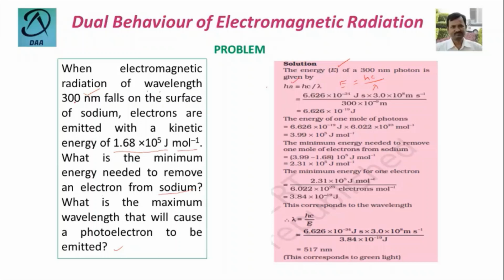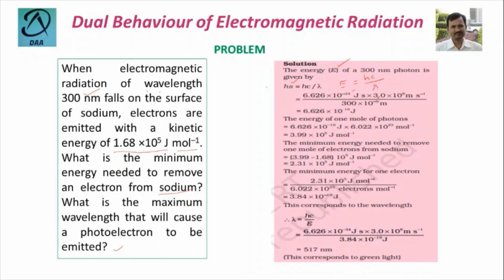In this case, the wavelength is 300 nanometer. So if you put the value for the Planck constant, 6.626 multiplied by 10 to the minus 34 joule second, you have to remember always the Planck constant value, and multiplied by the velocity of the radiation.